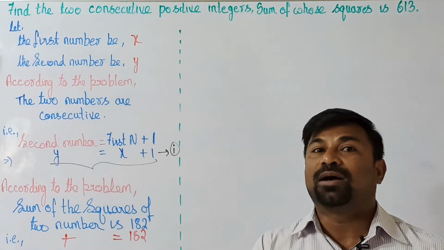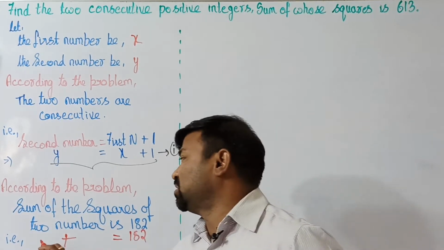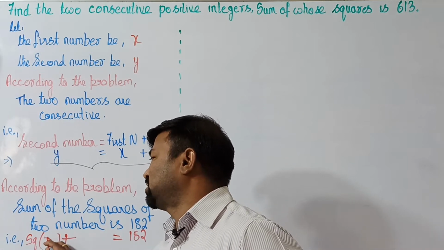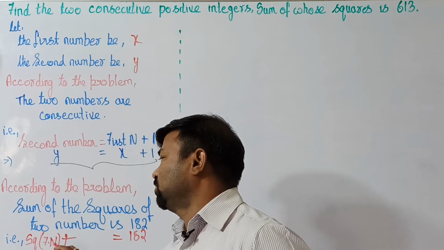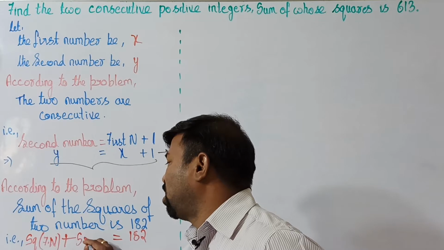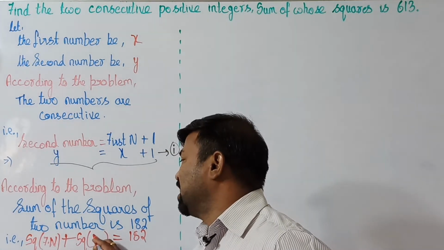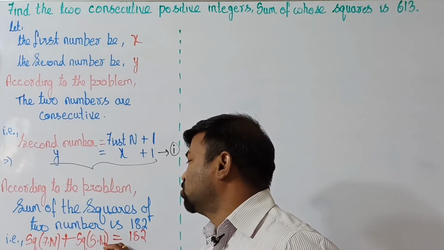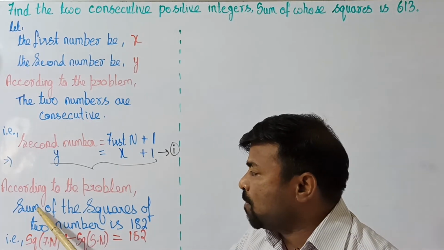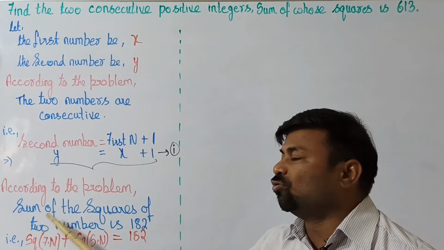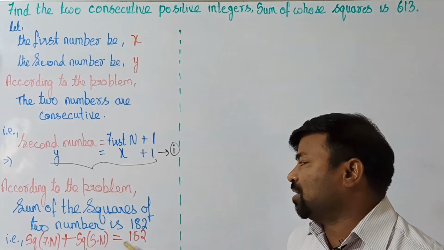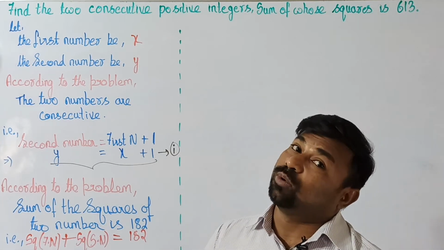Sum of the squares of two numbers means square of first number plus square of second number is equal to 182. That is what he has given.